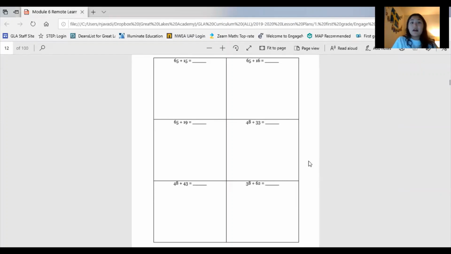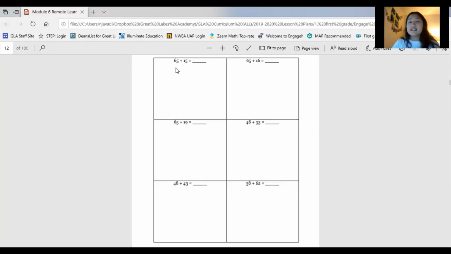For example, I see the first problem right here says 65 plus 15. So just like how I have the packet on my screen right now, I'm going to take my pencil and my paper and write 65 plus 15 and solve on my paper.